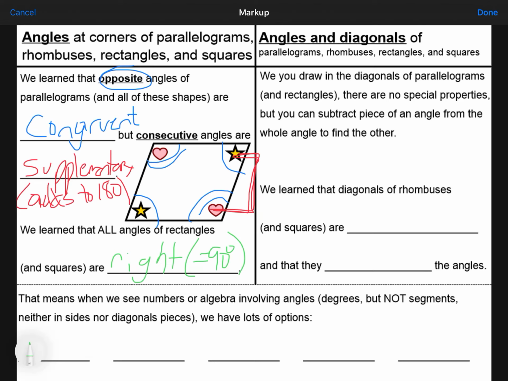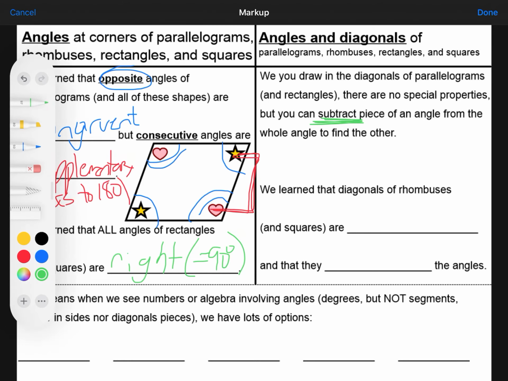When you draw on diagonals of parallelograms and rectangles, there are no special properties, but you can subtract one piece of an angle from a whole angle to find the other. For example, if you drew in a diagonal, it doesn't necessarily split the angles equally. It does do that in rhombuses to some degree and squares, but not in rectangles and parallelograms.